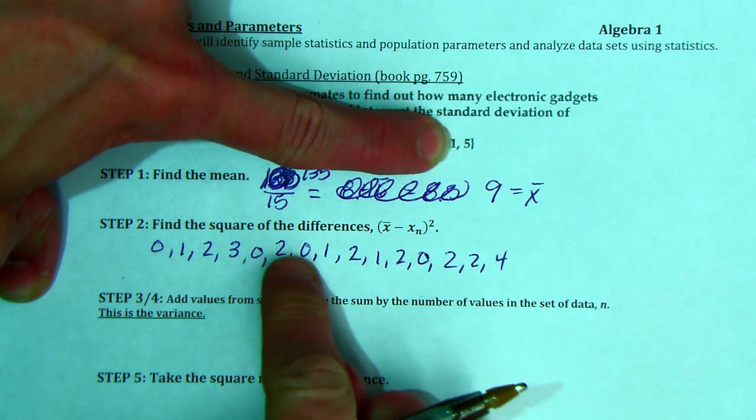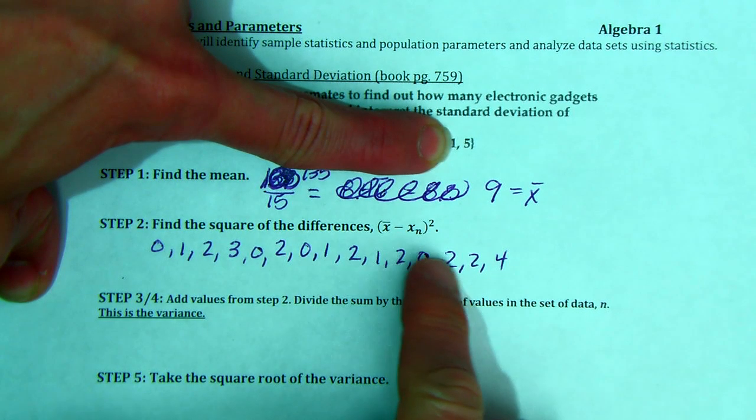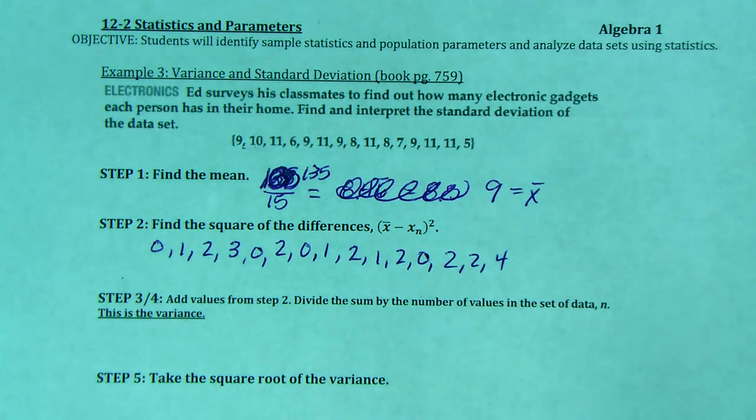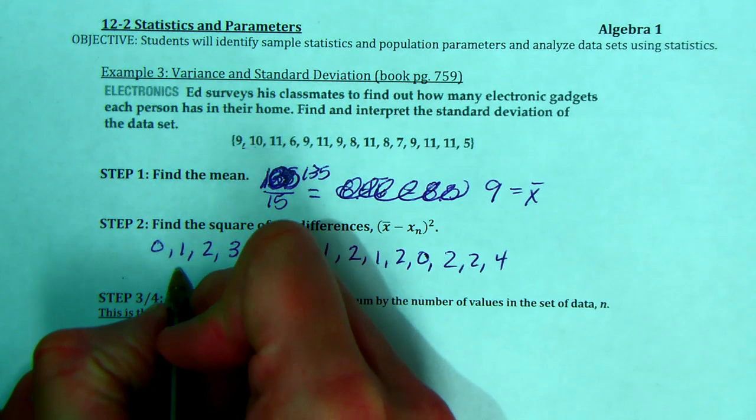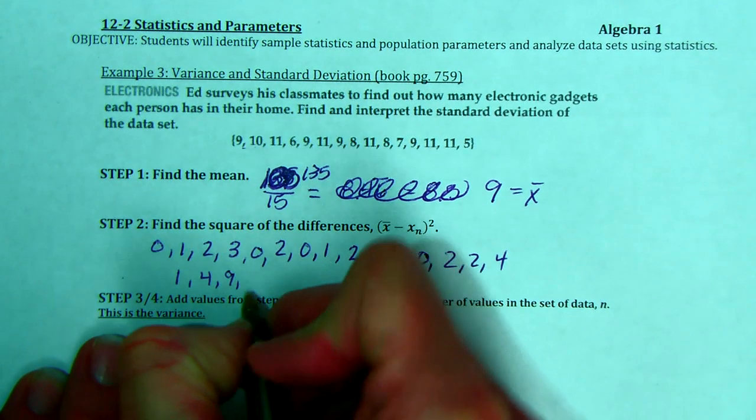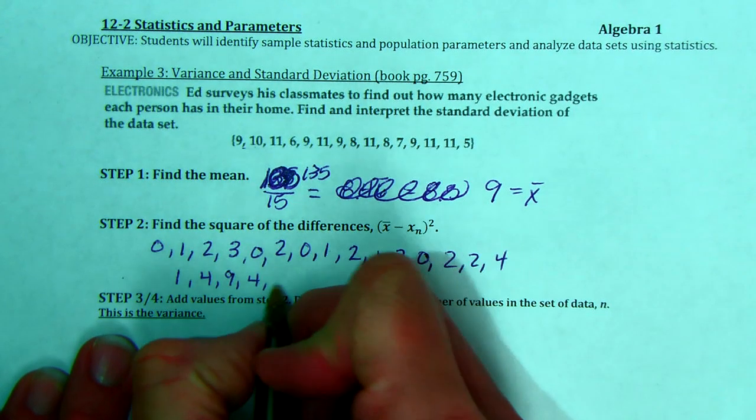I'm going to find the square of the differences. So 0 is still 0, 1 is still 1, 4, 9, 4, 1, 4, 1, 4, 4, 4, 16.